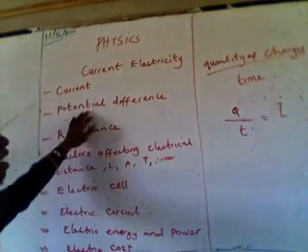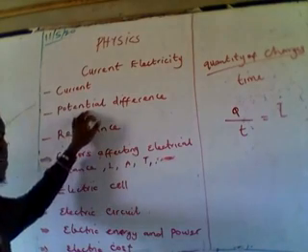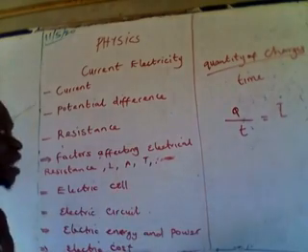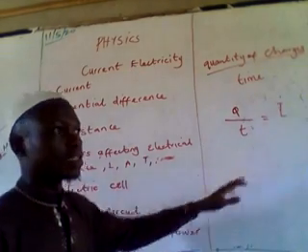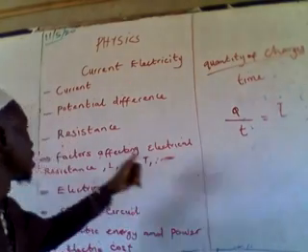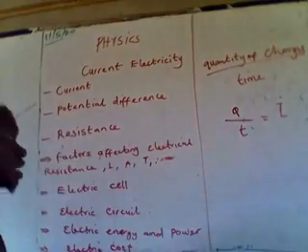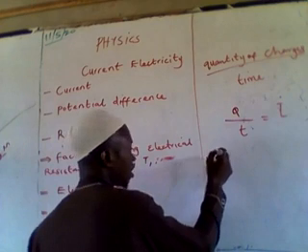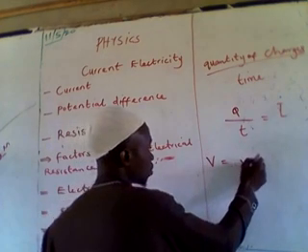When we talk of potential difference, it means the difference in volts between the two terminals. We have an electric cell. The difference in volts between one terminal and the other is defined as the potential difference. Potential difference, which is denoted as V, is measured in volts.